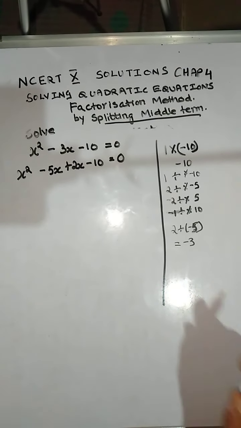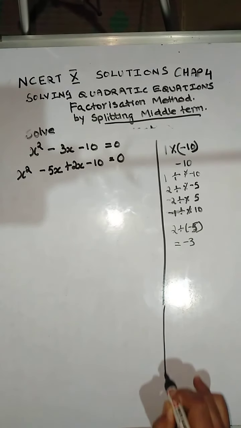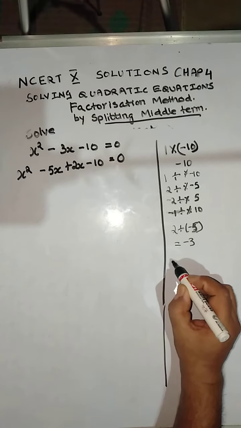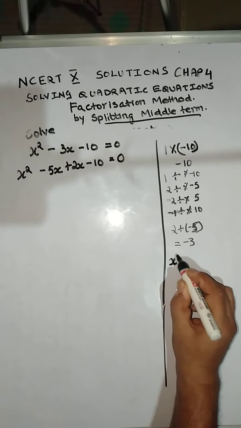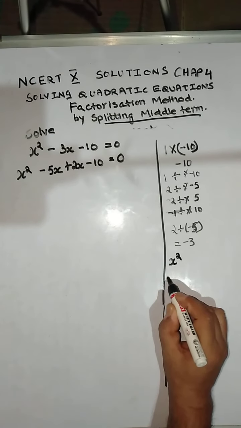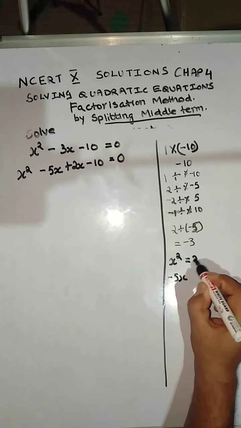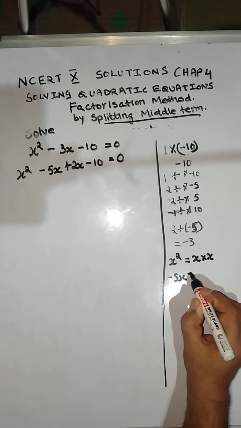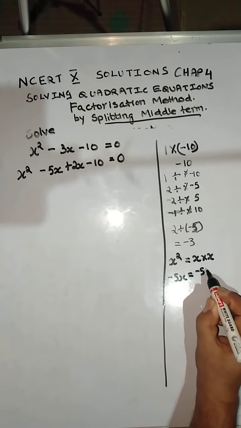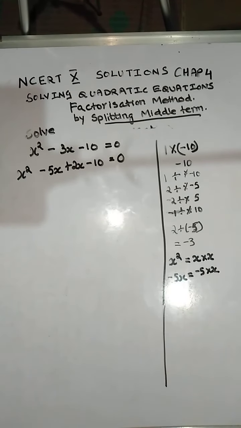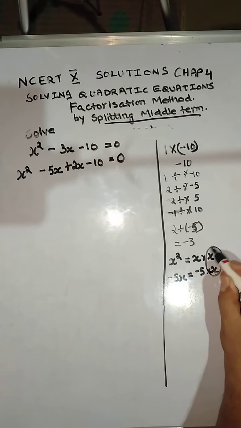Then when we take the first 2 terms, an easy method for starters, you need to look at x squared and you need to look at minus 5x. So here what will happen? This will be equal to x into x, and here minus 5 into x. You will see that x is the common one.